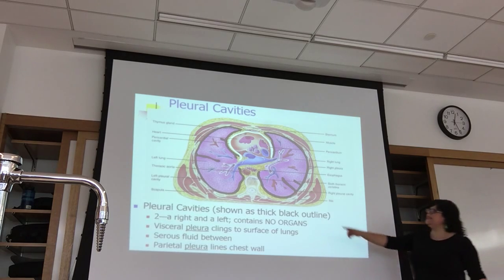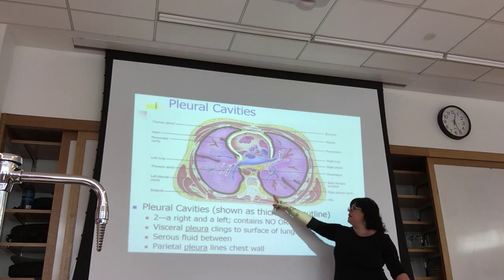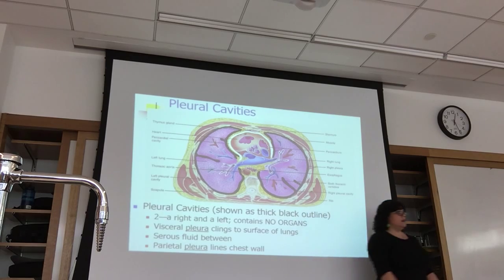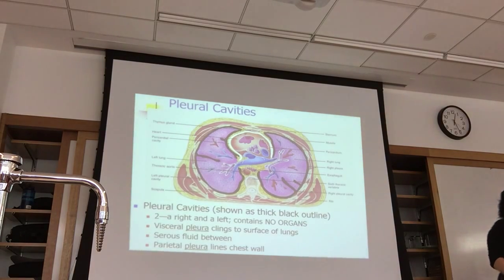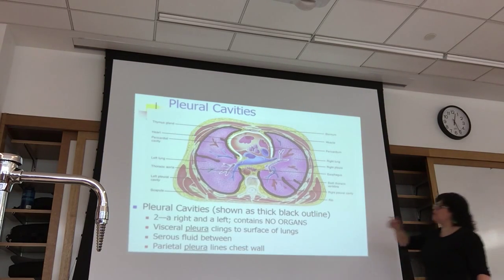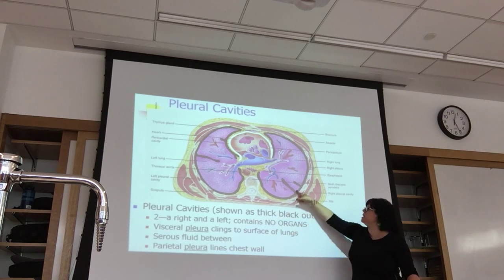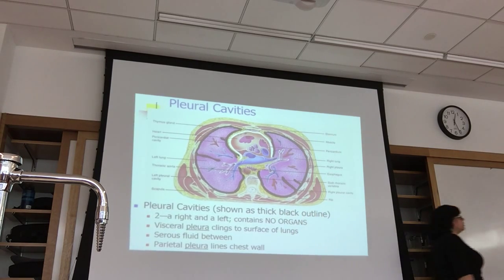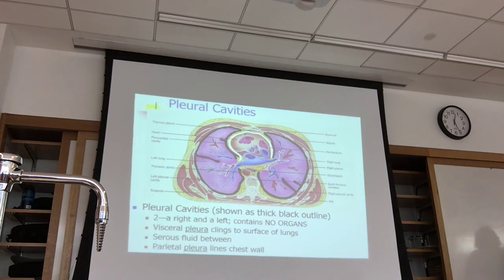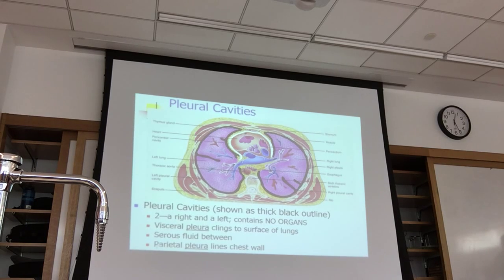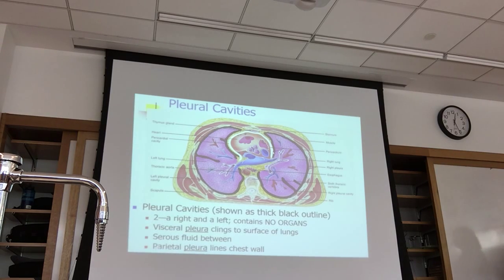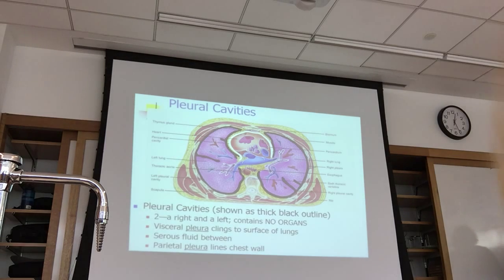And I've highlighted in this diagram in black the pleural cavity. So all this black outline, that's all the pleural cavity. In white, that's the pericardial cavity. You all see that?